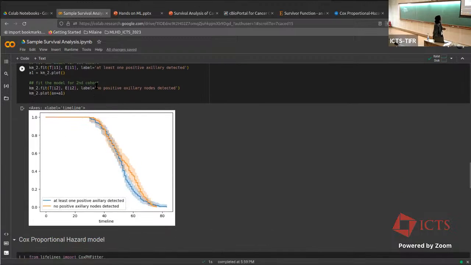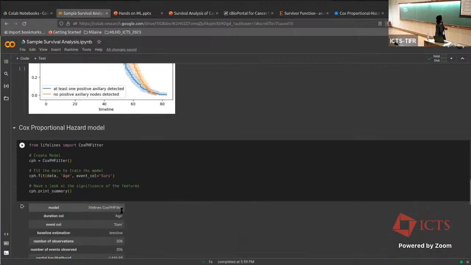So you can see the first one is at least one positive axillary node detected, and the second is no positive nodes detected. You can see the no-positive group has a higher survival probability compared to the one with at least one positive node. So this is just a Kaplan-Meier for visualization. But normally, if we want to actually do the survival analysis, why do we do it?